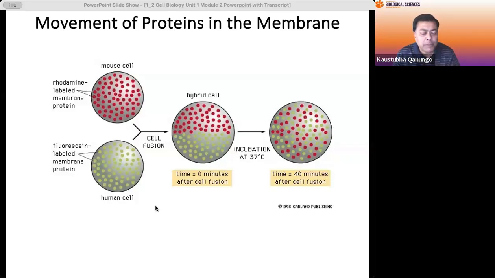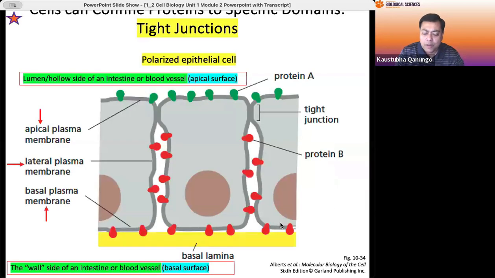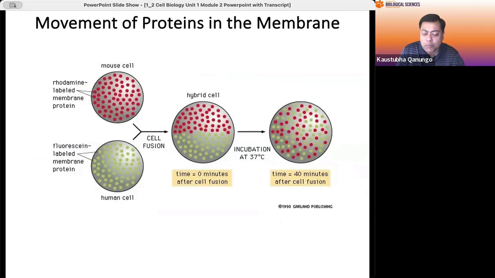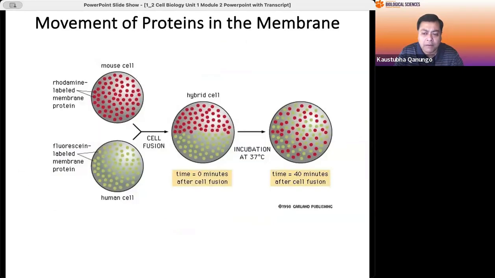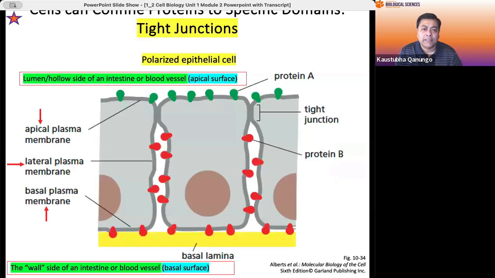So two different proteins are tagged in here, and you fuse the cells. After you incubate the cells, you see that the proteins actually move in the plasma membrane, and you can actually measure that. So that's basically what you can do. So proteins in this sea of lipid are basically floating and moving around. They are very dynamic. That's basically what it is.